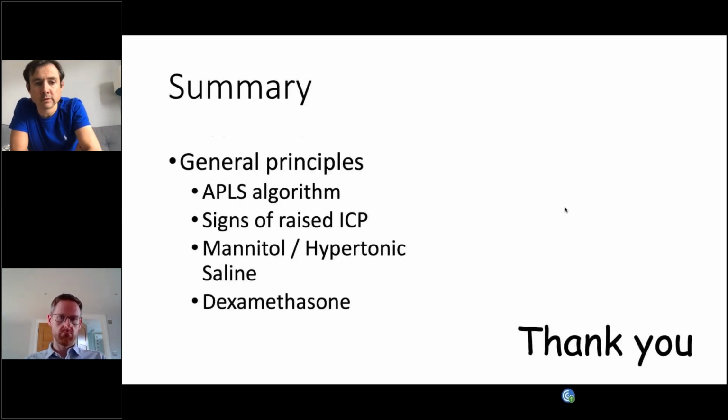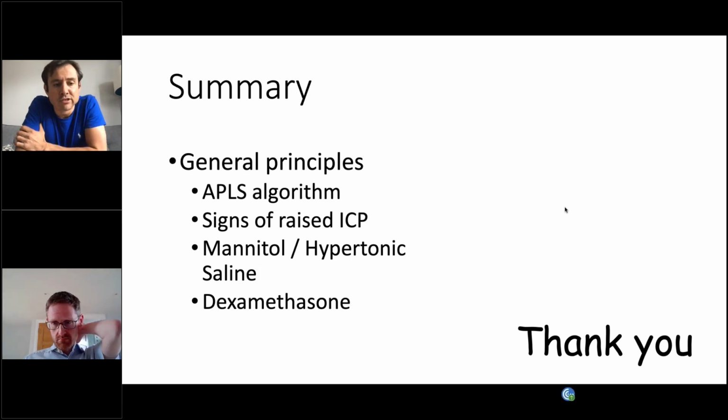Good. So to close it up, in summary, we talked about the general principles. We went through the APLS algorithm and talked again about the clinical signs of raised intracranial pressure in terms of cerebral irritation, raised pupillary signs, the GCS, and I hope that was useful.